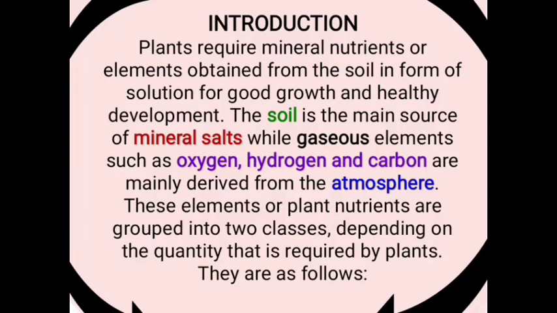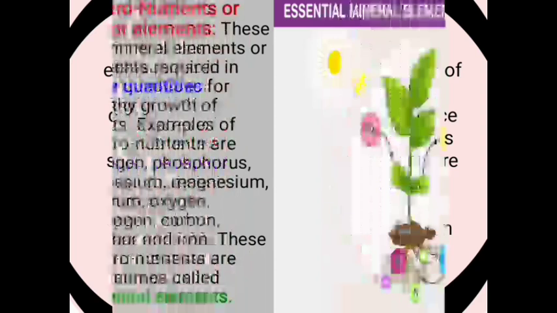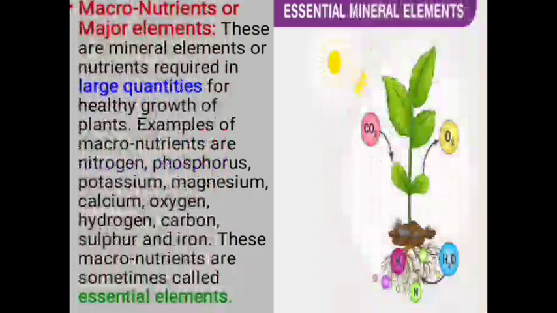And that soil is the main source of mineral salts, while gaseous elements like oxygen, hydrogen, and carbon are derived from the atmosphere. So these elements are grouped into classes depending on the quantity that is required by plants, and we have them as the macronutrients and the micronutrients.